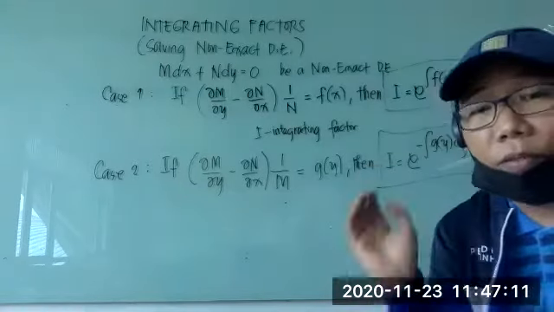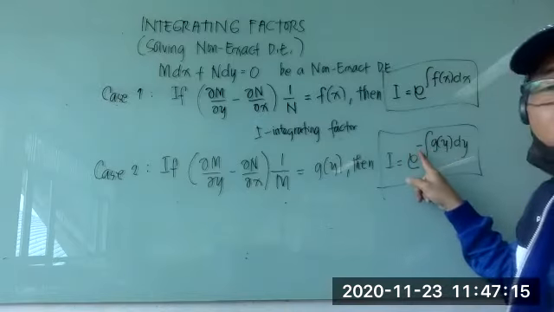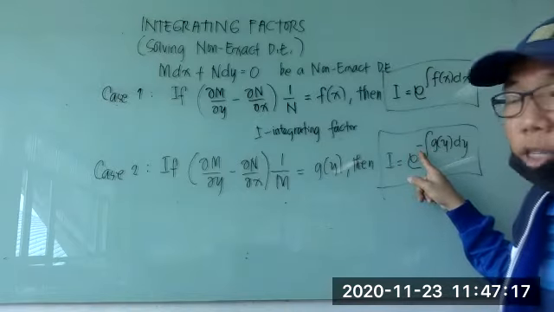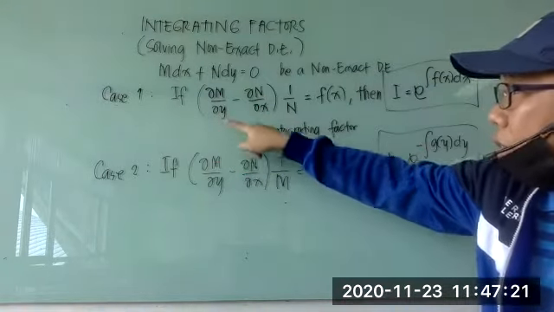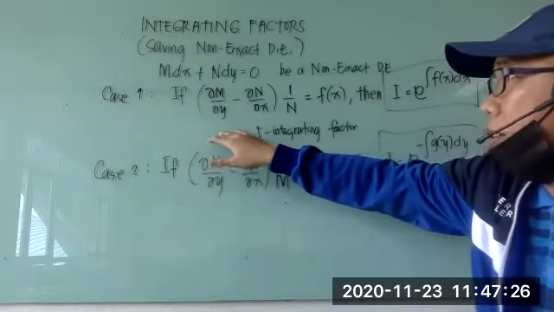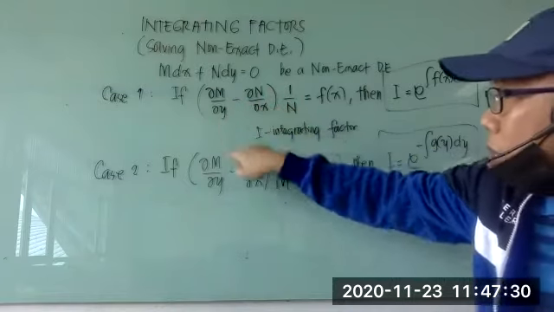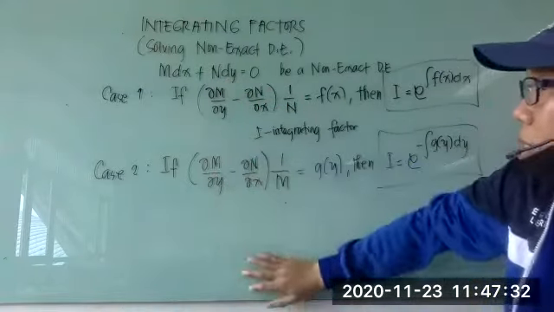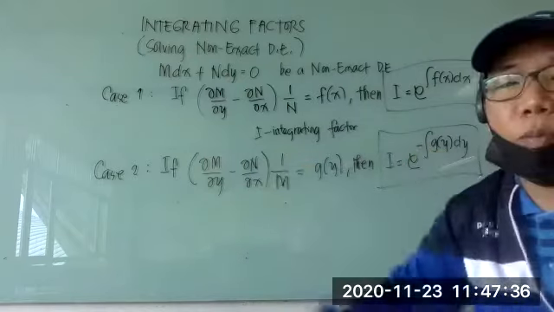Before I forget, take note that we have a negative sign here. Why is that, sir? As you can see, the order of the partial derivatives: partial of m is the first one, and the next term will be partial of n. So we always utilize this difference. If you want to make this positive, you interchange their positions.